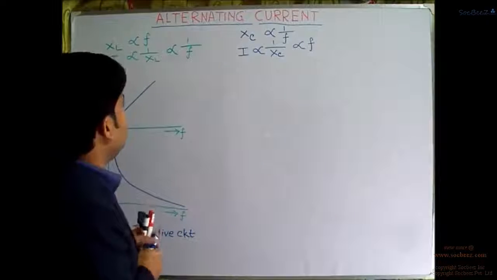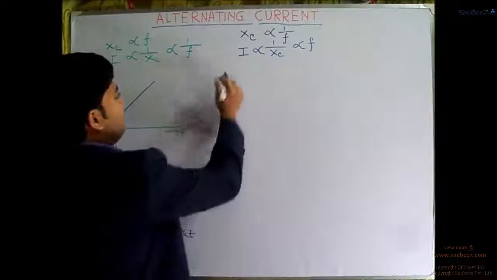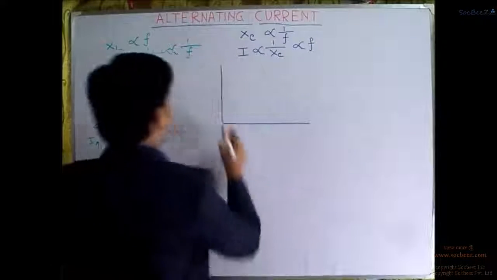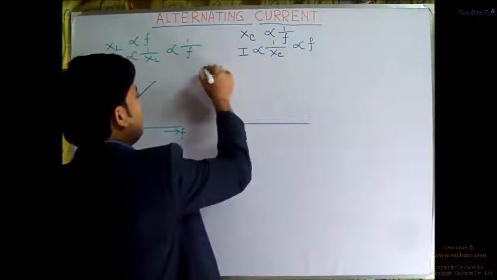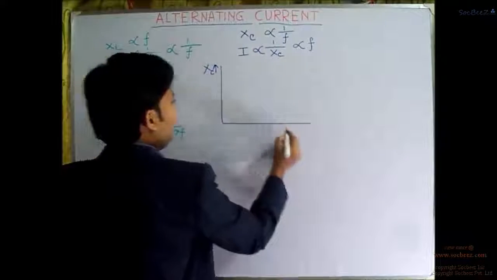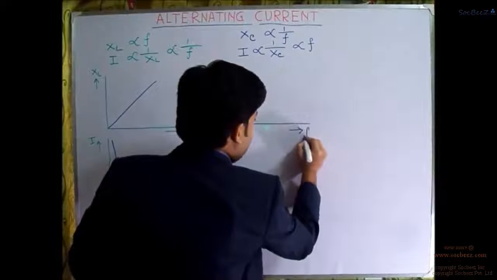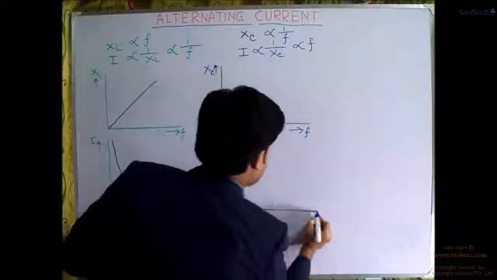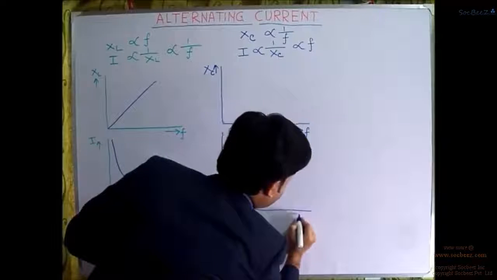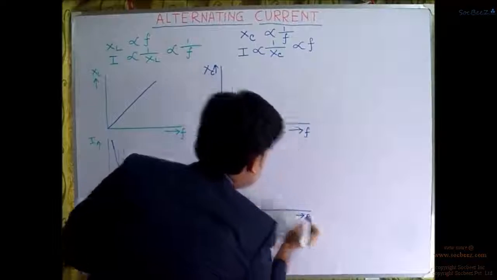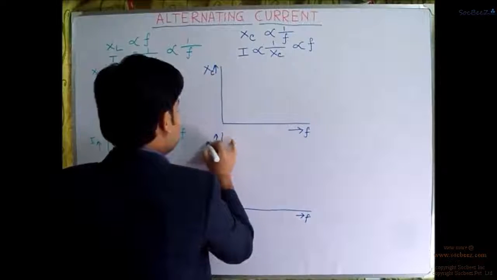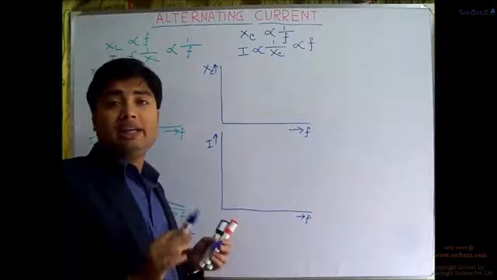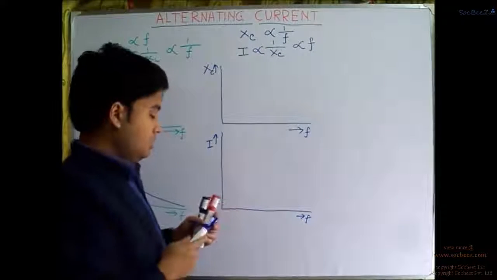So over here, if we wish to see the graph, first of all, for XC versus F, and subsequently the graph of I versus F in a purely capacitive circuit.